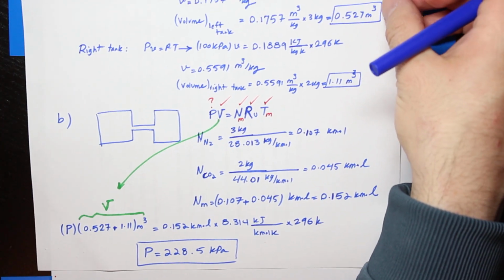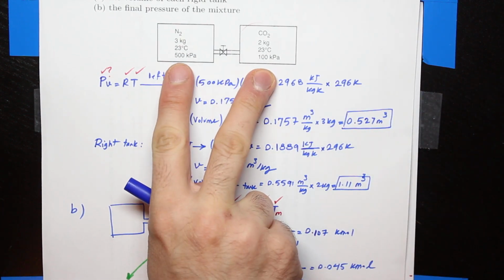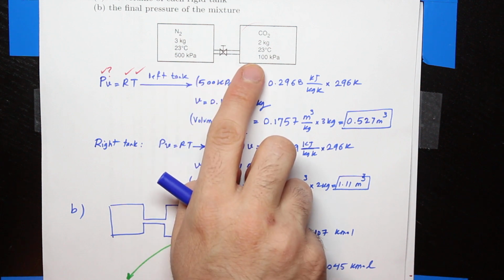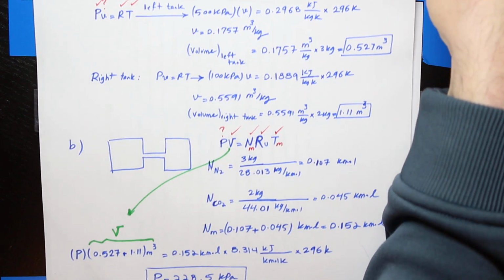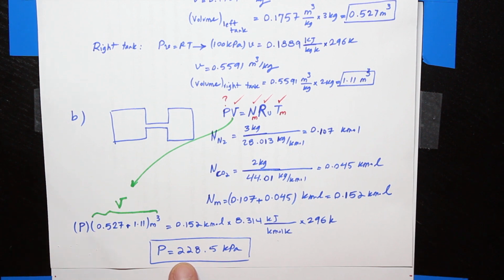Now let's go back to the original schematic. Initially, the two pressures that we had were 500 and 100. The mixture pressure is 228. It does make sense, because this number is between the first two pressures. We cannot really double check our work, but it tells us that the answer makes sense.